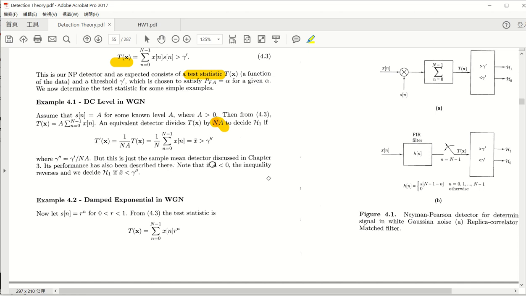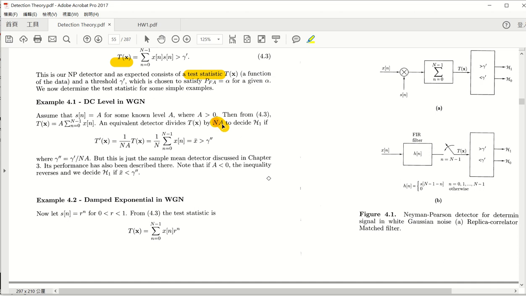Okay, so its performance is also described there. But note that if A is not larger than 0, then the inequality reverses and we decide H1 if X bar is smaller than gamma prime. I think that's trivial, right?